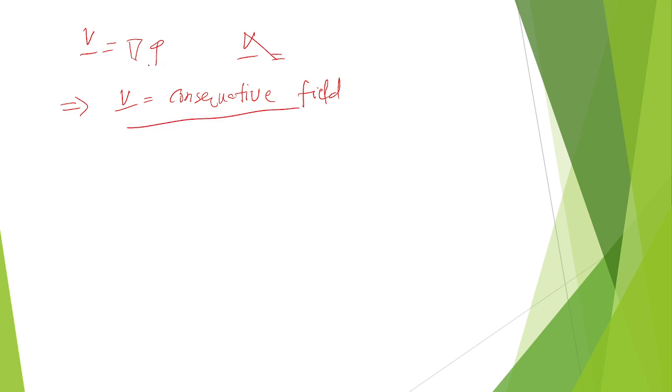So a conservative field is irrotational and can be put in this way. You can always find a scalar function whose gradient will be equal to the conservative field. Okay, thank you.